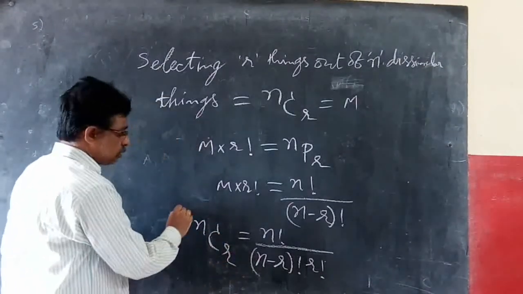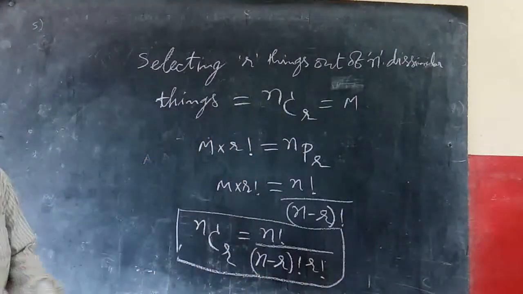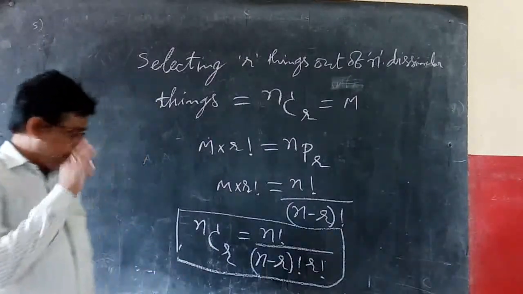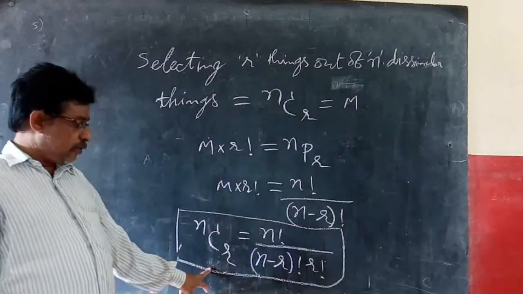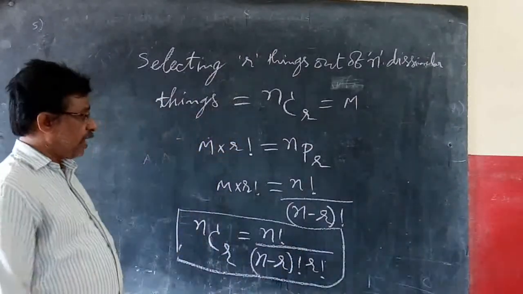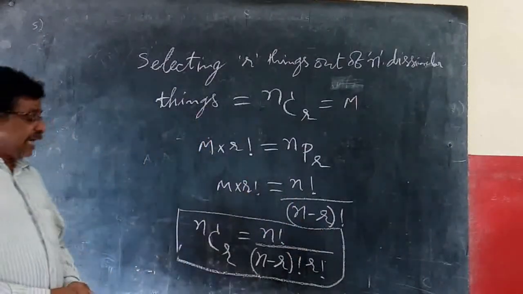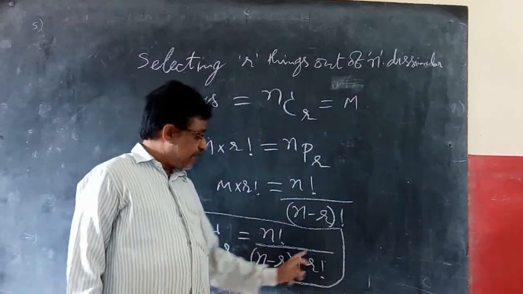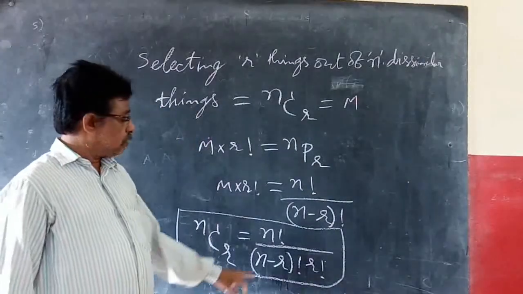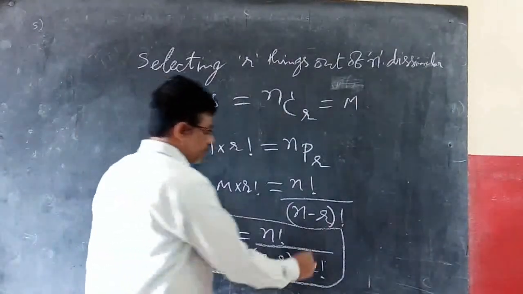So what I want to say is nCr is always equal to n factorial by n minus r factorial into r factorial. Remember this formula. It is a very important formula.